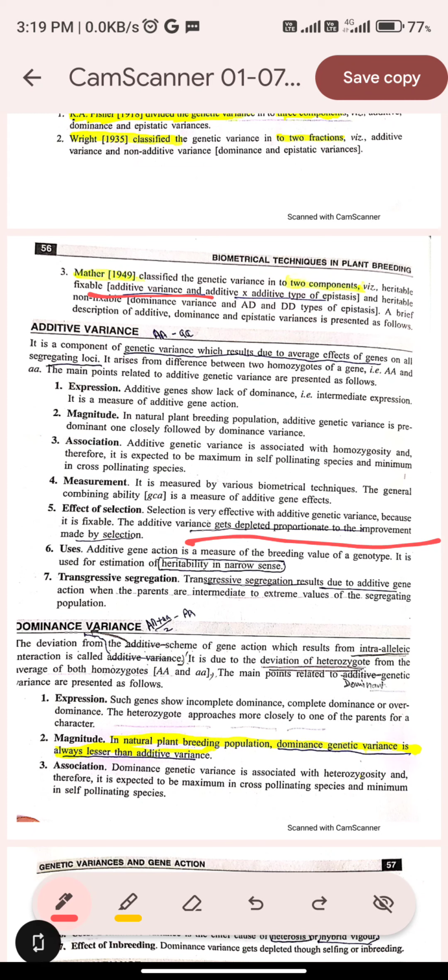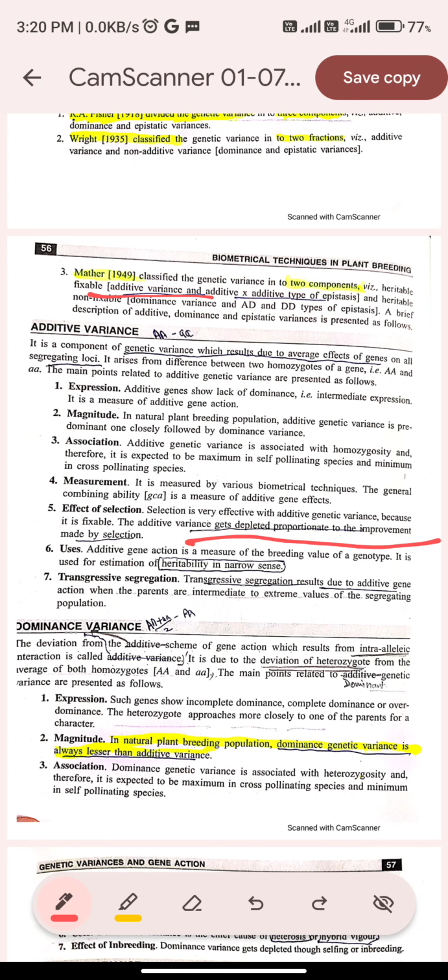That's why it is the main component exploited during selection.